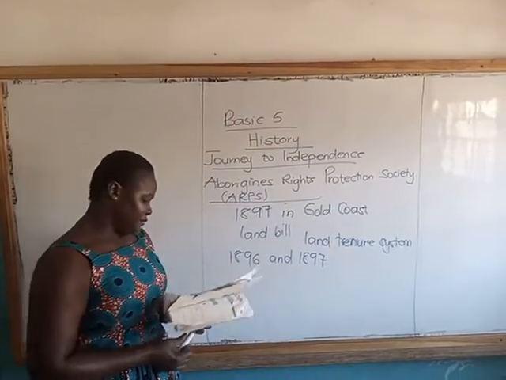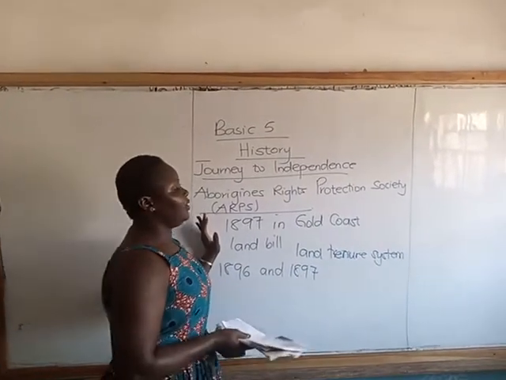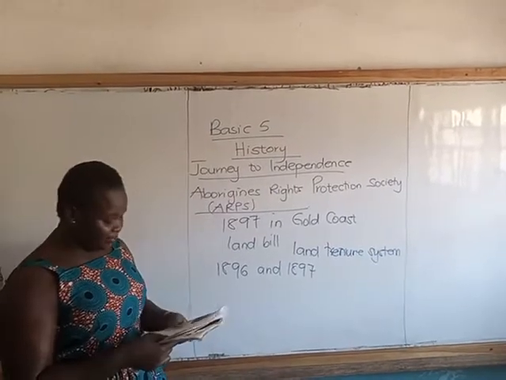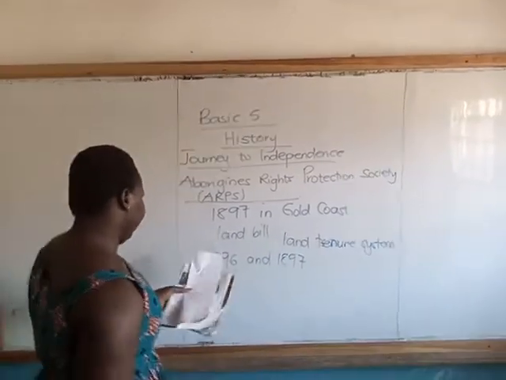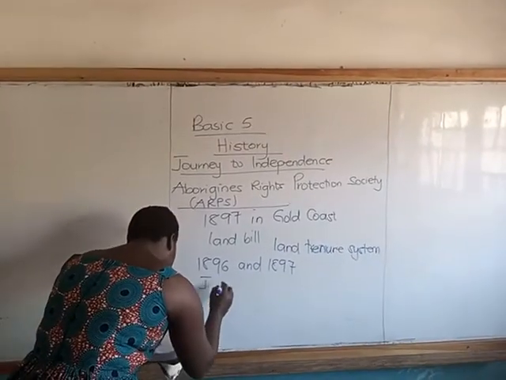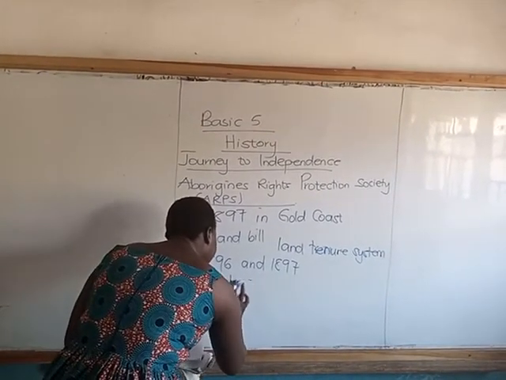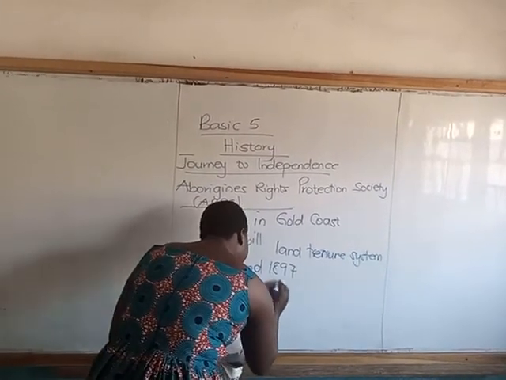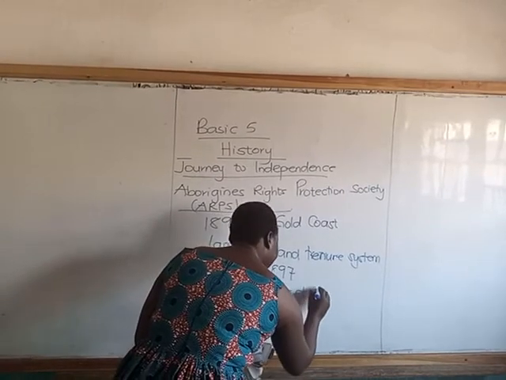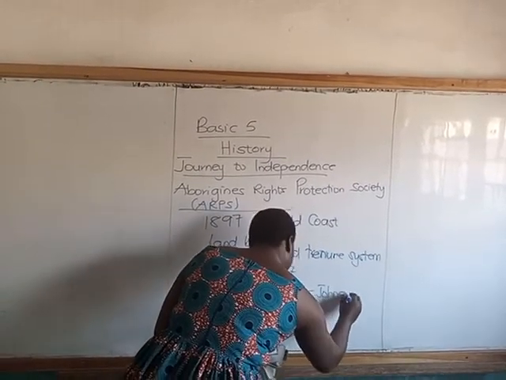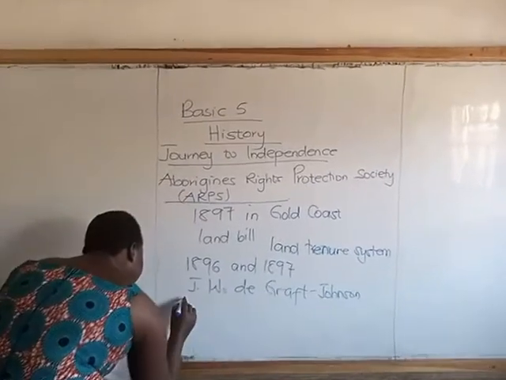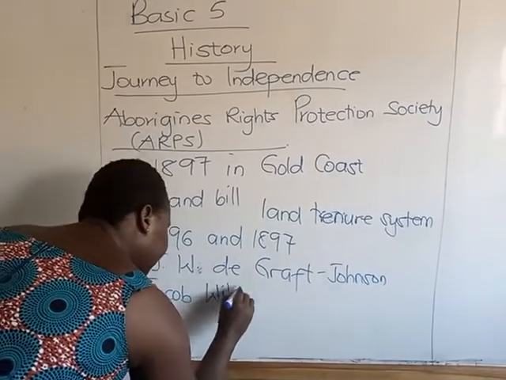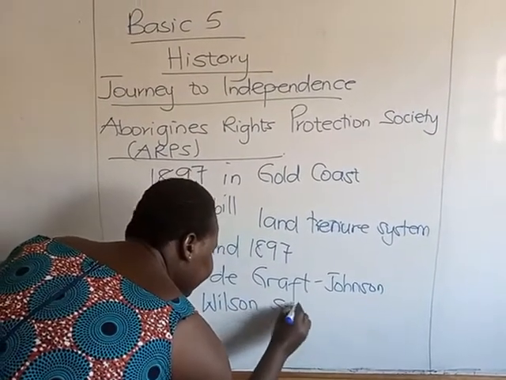So as a result of that, they had to look for other people. The educated people were those who formed this, and some of those who co-founded this movement included J.W. de Graft Johnson, then Jacob Wilson Sey.